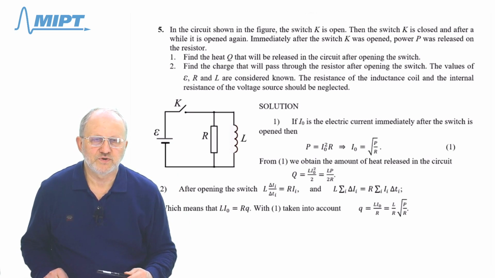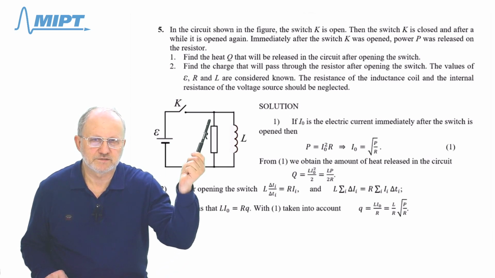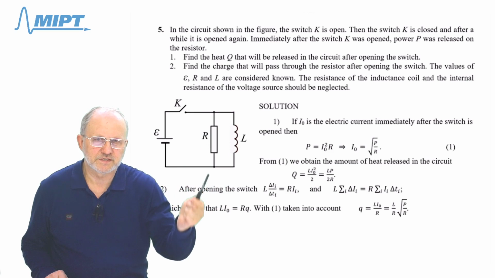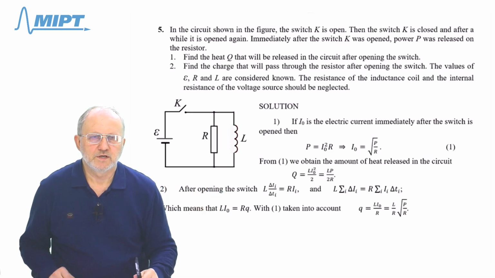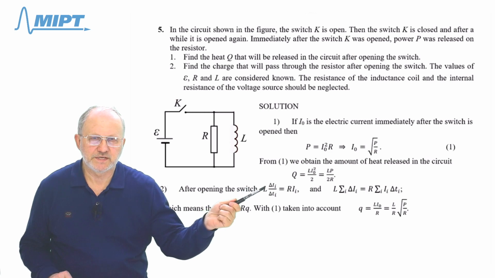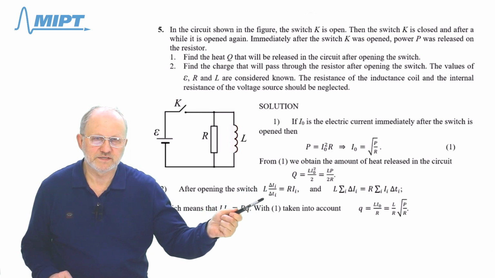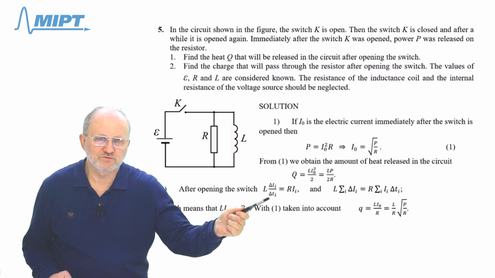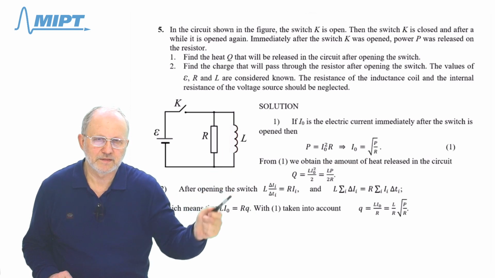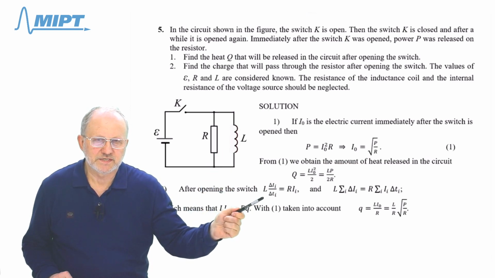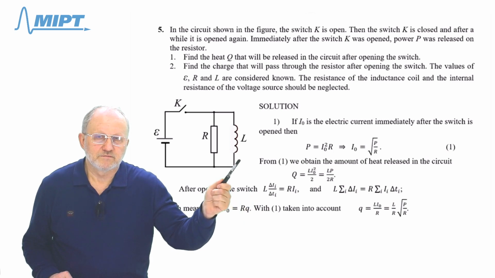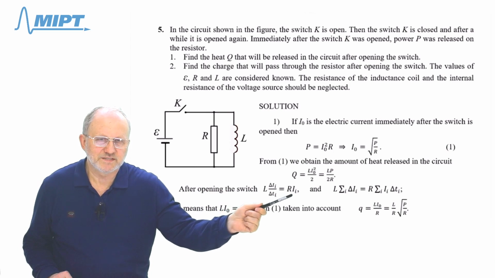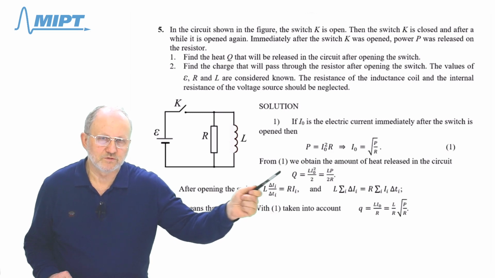So, in order to find the charge that goes through the resistance and the coil after the switch is opened, we must use the Faraday inductance law, a law of magnetic inductance, which says that the rate of change of current flowing through the coil times the inductance L equals the voltage on the coil, and this voltage defines the current through the resistor due to Ohm's law.